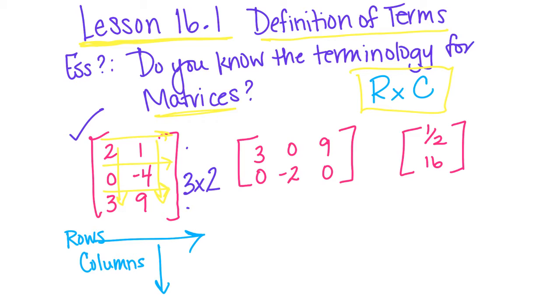The next one that we see has 2 rows, 1, 2, and 1, 2, 3 columns. So it's the other way. This one's a 2 by 3 matrix. And the next one that we have has 1, 2 rows by 1 column. So this will be a 2 by 1 matrix.